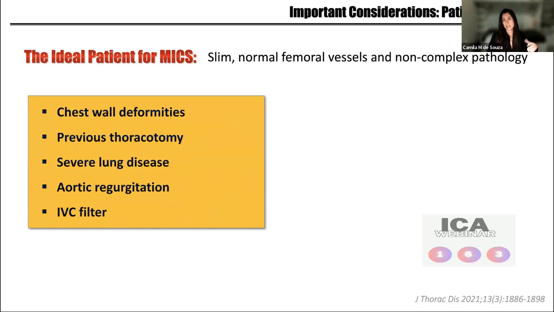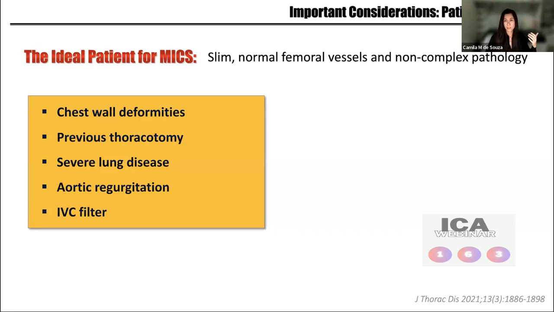Chest wall deformities can complicate the surgical access. Previous thoracotomy and the presence of adhesions can impair adequate lung collapse. Patients with lung disease have to be carefully selected depending on the severity of the disease. They may not tolerate one lung ventilation.